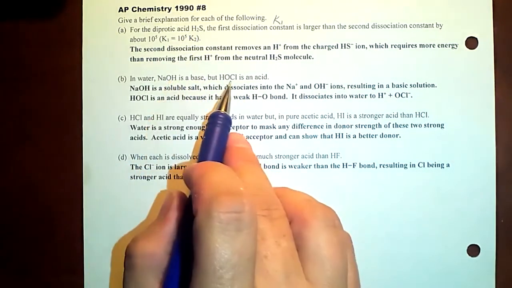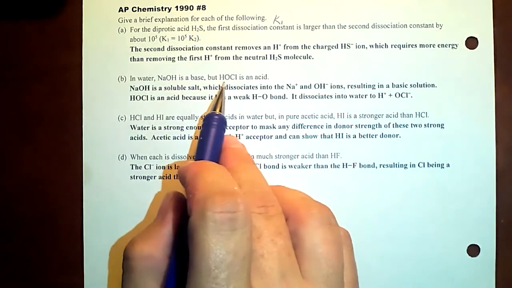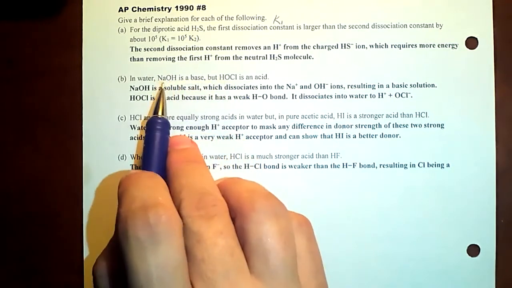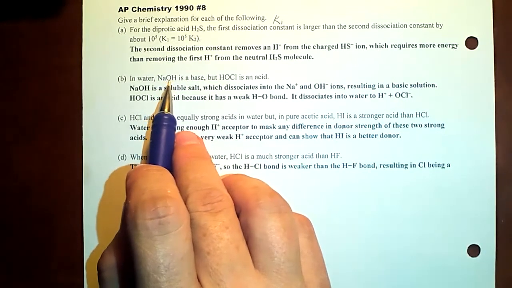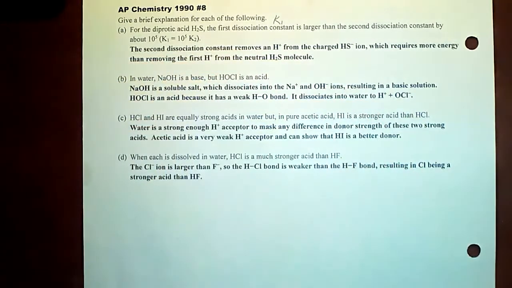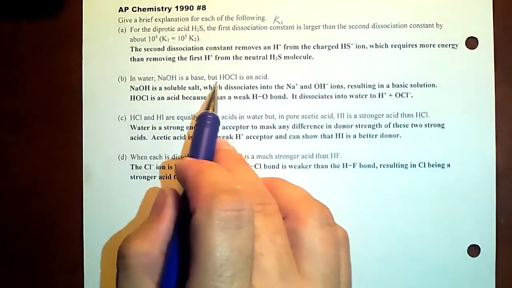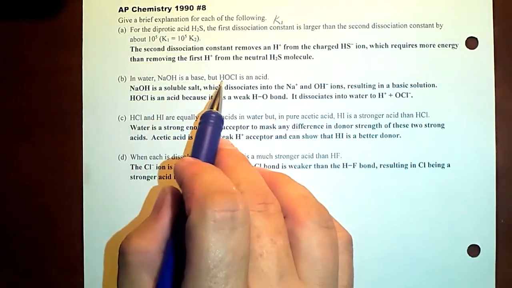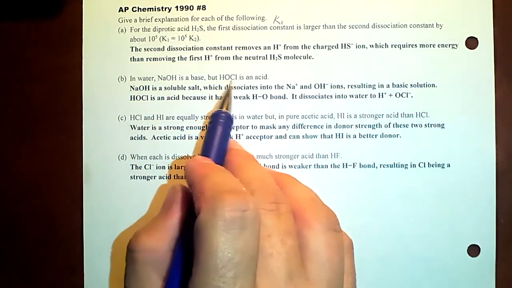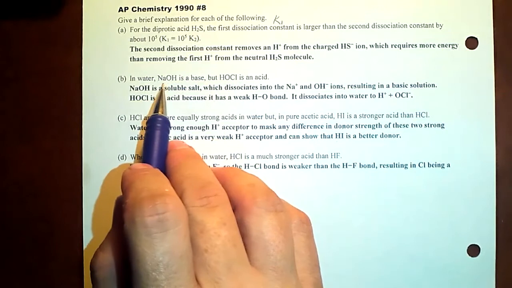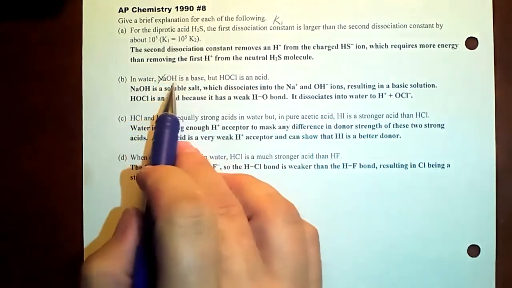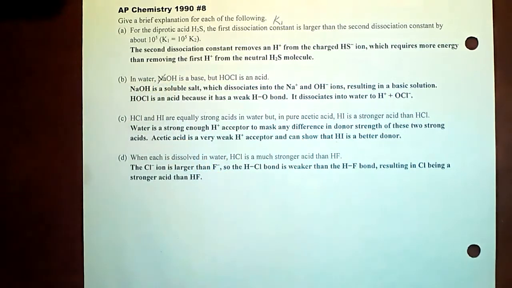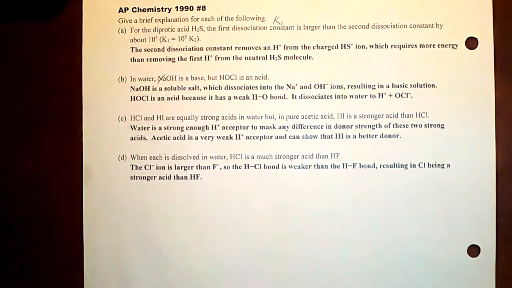Explain how this is a base and this is an acid. That's kind of funny. Obviously, this is an acid because it can give away H plus. This is not a base because it takes H plus in this current form, but obviously all the sodium's going to come off, and that OH is a spectacular H hunter, and it is going to grab up any free H plus it can find.